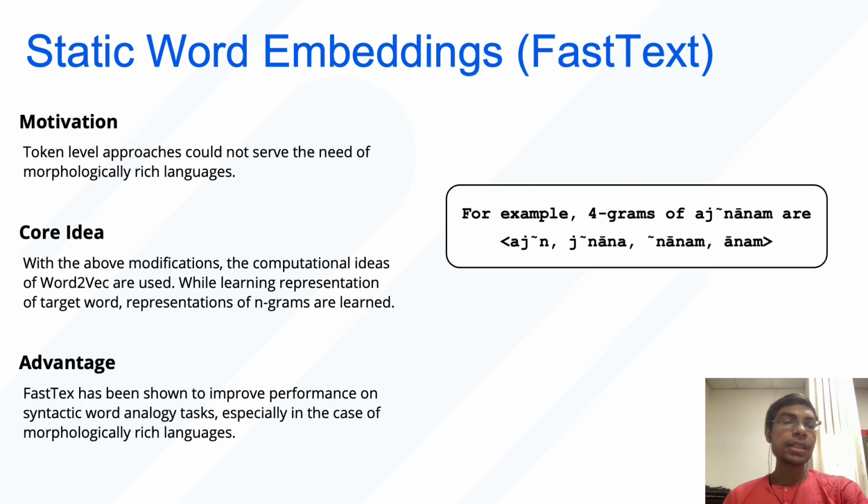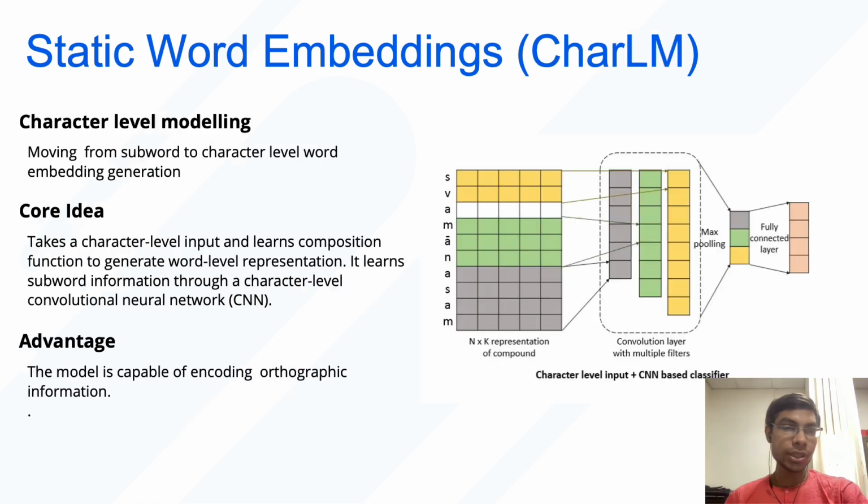To mitigate the out of vocabulary problem, FastText uses subword modeling, which is very similar to Word2Vec, but additionally they use subword modeling in their architecture. And CharLM uses character level language modeling, and for feature engineering they use CNNs to obtain representations for the complete words.